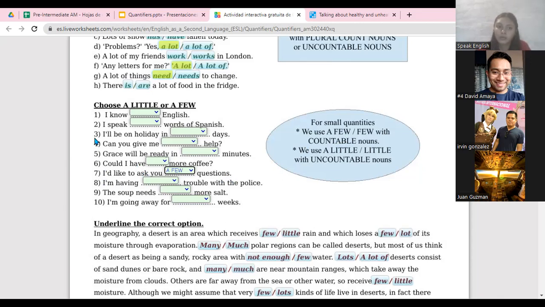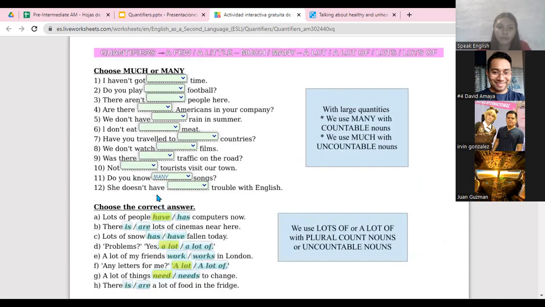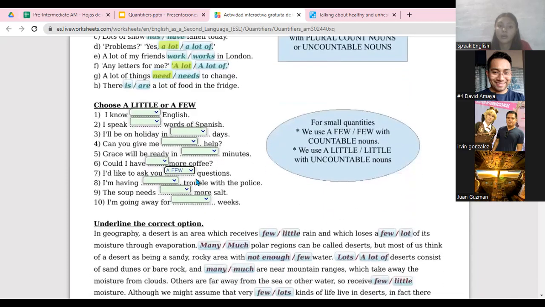And also, for example, let me see, how many questions are here? 12 questions. So you can count questions. That's why you use few. Do you get it? Okay.